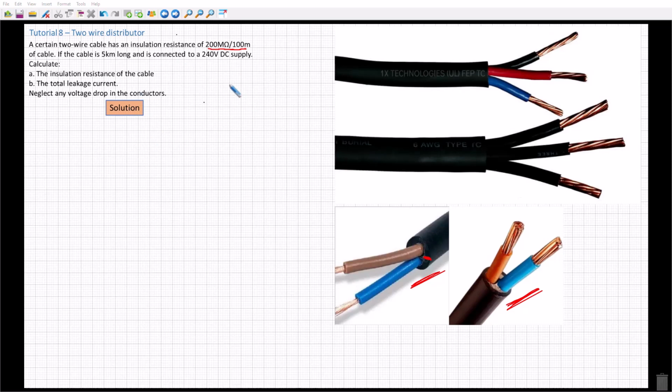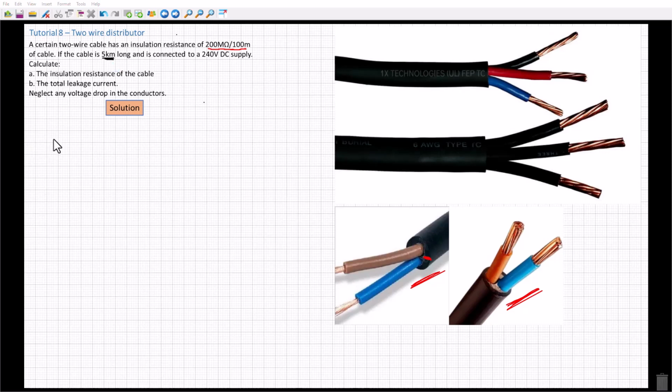Right now we have a cable that has an insulation resistance of 200 mega ohm per 100 meters. We need to calculate its insulation resistance when the cable is 5 kilometers, so that's 5,000 meters.